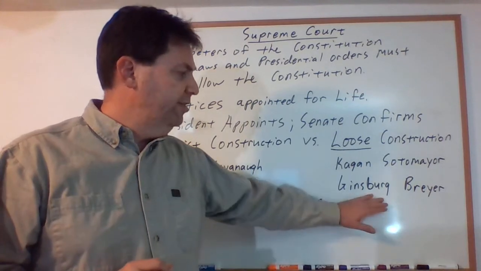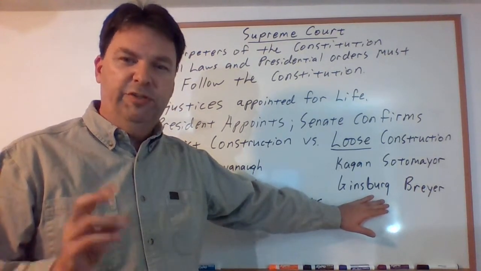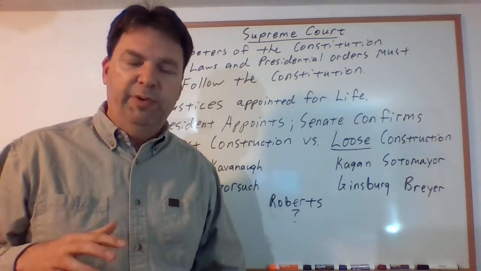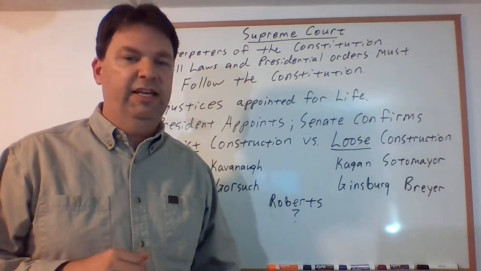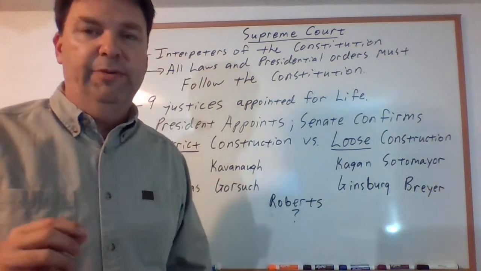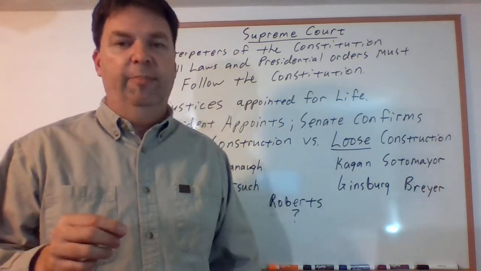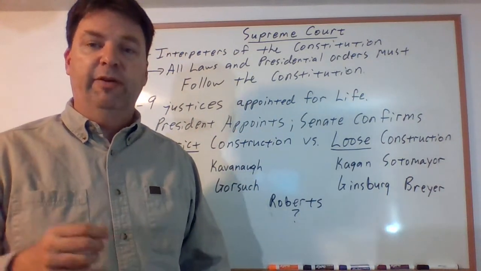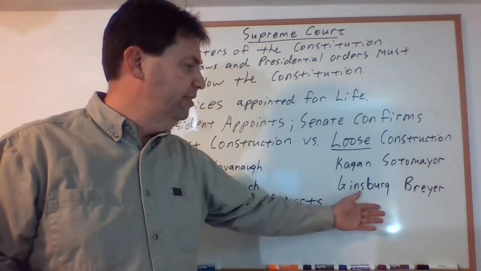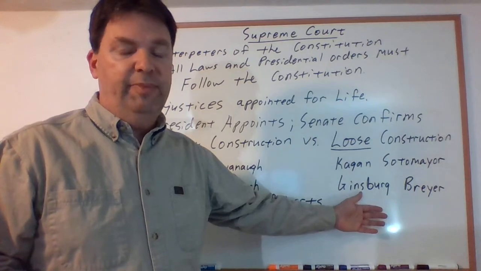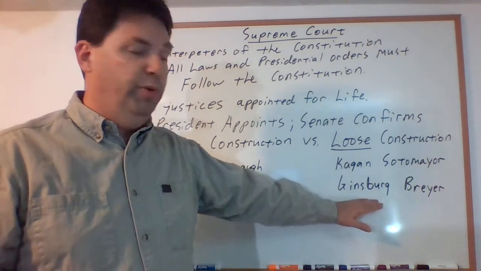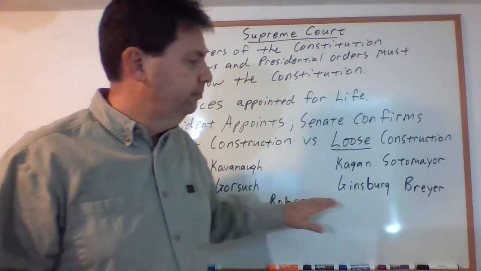And she has had cancer several times. She's battled cancer. I think she's down to like 85 pounds in weight. She's super frail, barely functioning, and she said, I'm going to try and live long enough to see Trump not be president. So this next election coming up in the fall is going to make or break the Supreme Court one way or the other, because if Trump's elected again, Ginsburg is going to step down because she just isn't going to be able to live much longer and function, and Trump's going to be able to appoint someone who's a strict constructionist.